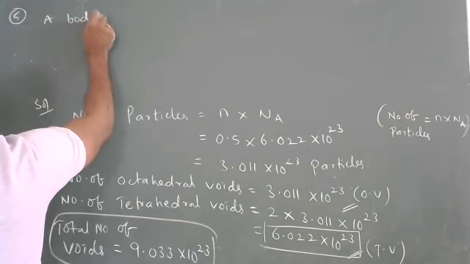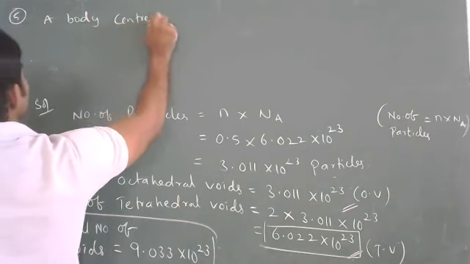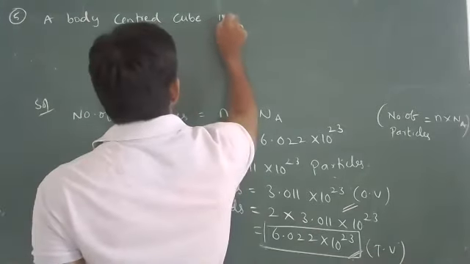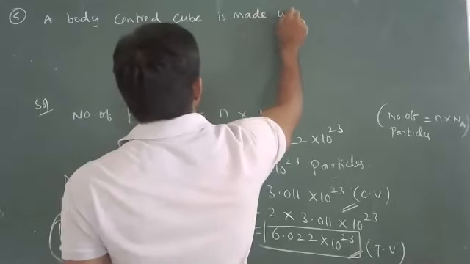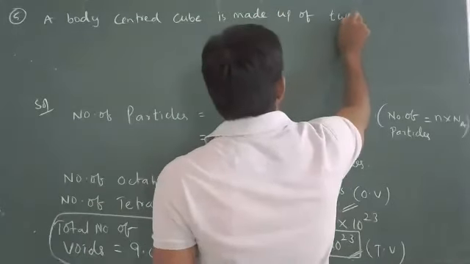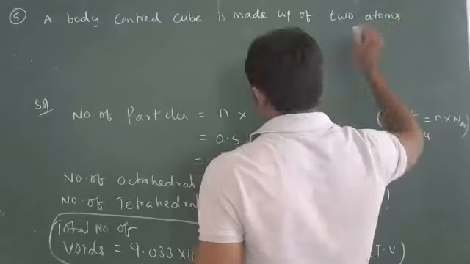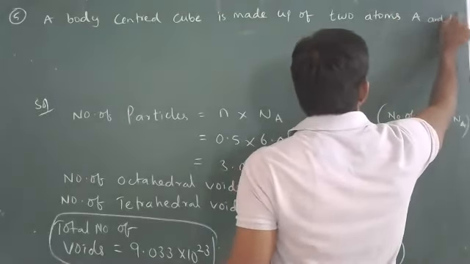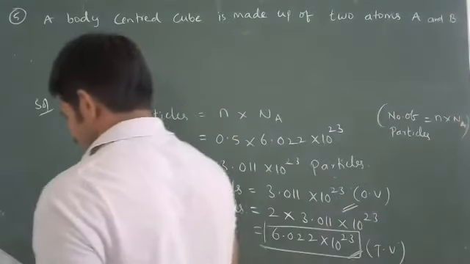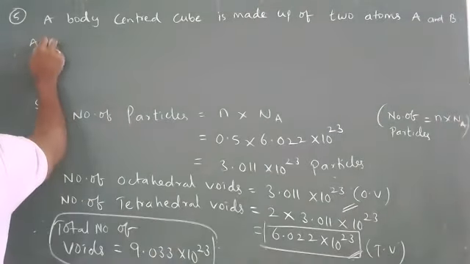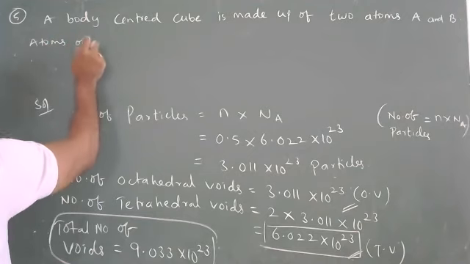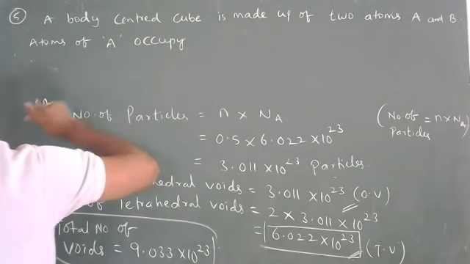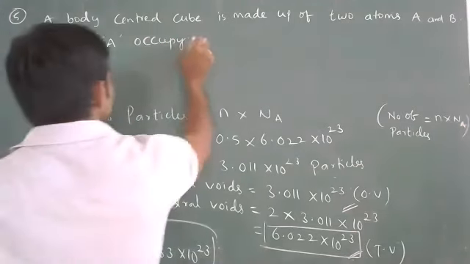A body centered cube is made up of two atoms, A and B. Atoms of A occupy two corners of the cube.